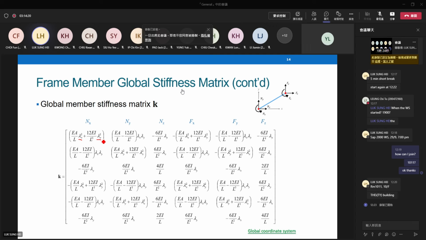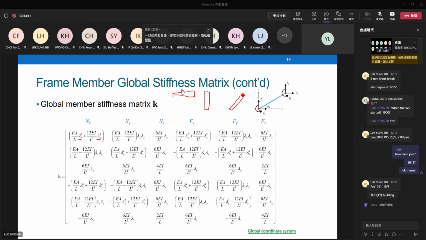We use this one more frequently. This one is general to all 2D frame members. It can be applied to a horizontal frame member, a vertical frame member, or a diagonal frame member. Any. You can use this equation to find their corresponding stiffness matrix.